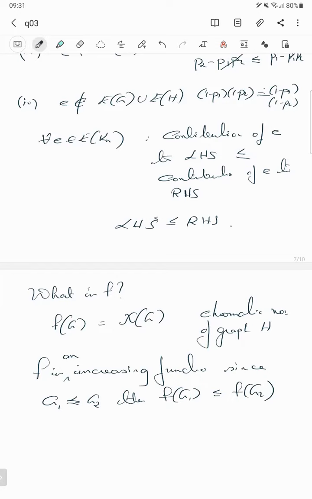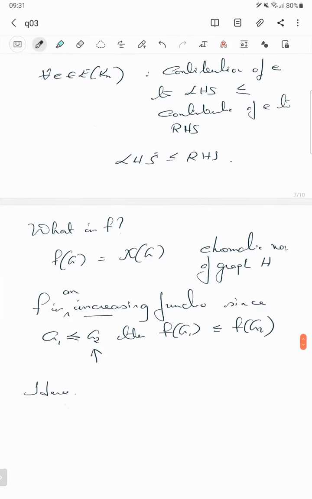A very easy way to see that: take any optimal coloring of G2, that's also a proper coloring of G1, because G1 can only have fewer edges than G2. So any proper coloring of G2 is also a proper coloring of G1. Hence the chromatic number can only be equal or lower. This proves that F is increasing.